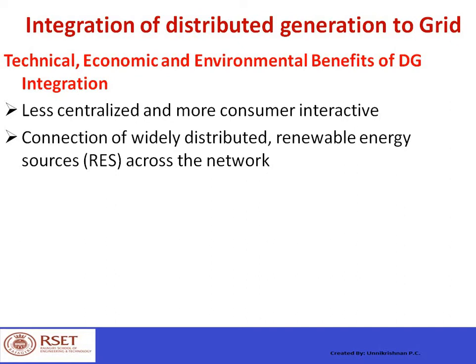So this will enable sharing of resources optimally. If you have excess, you can sell it. If somebody else has excess, you can use it. So a common channel for transferring energy is essential, and the grid helps in doing it.